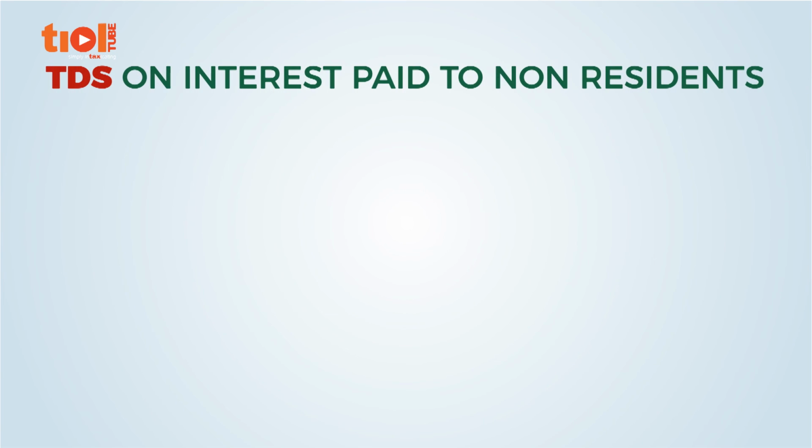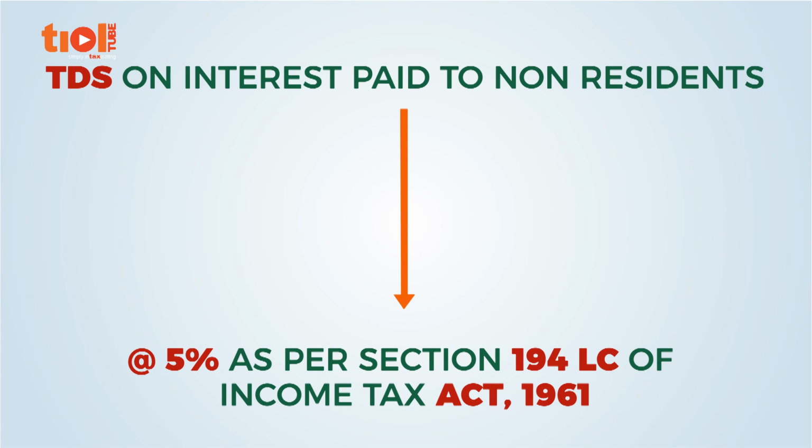In another attempt to incentivize access to foreign capital, the government introduced a beneficial TDS rate of 5% in respect of interest payments made to non-residents. This is Section 194LC.